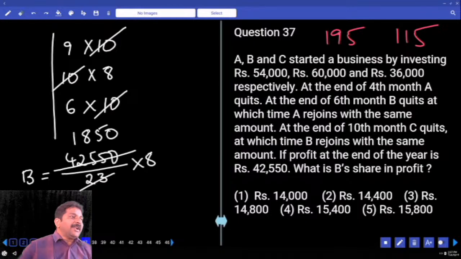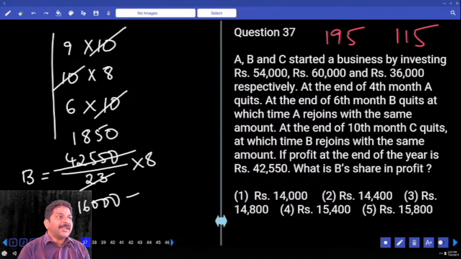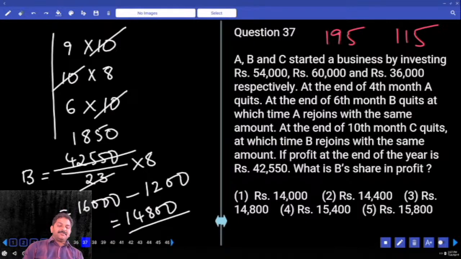Now again that should be multiplied with. So can I treat this number as 1850 as 150 less than 2000? 2000 into 8. 150 into 8. Come on. 12. Then answer is 14,800, third option.